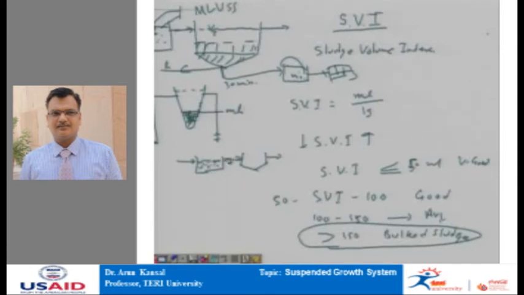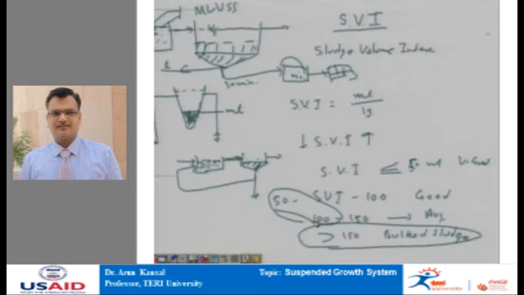The moment it enters into a secondary settling tank, through a very small pipeline in between, we demand that there should be very good settling. So, this is a contrasting feature which we ourselves want from this type of system. Therefore, most of the time the activated sludge process is operated in such a way that the quality of the bacterial biomass is somewhere between these two extremes, that is, neither highly floating nor highly compact, and most of the time we maintain the plant in the range of 50 to 100 SVI.